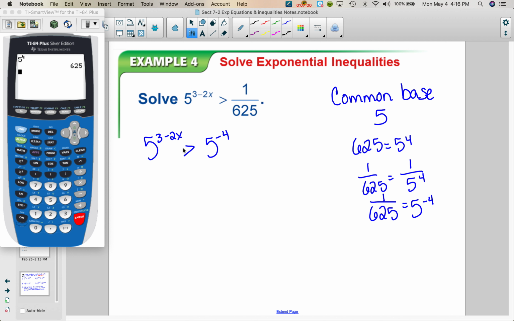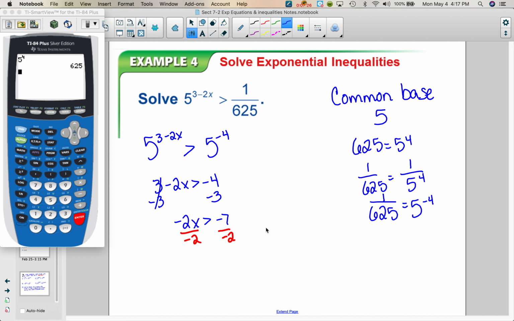Well, because this is greater than, that means that 3 minus 2x has to be greater than negative 4. And now I am just solving this inequality. So I'm going to subtract 3 from both sides. I get negative 2x is greater than negative 7. And then next, I'm going to divide both sides by negative 2. But then you have to remember something.